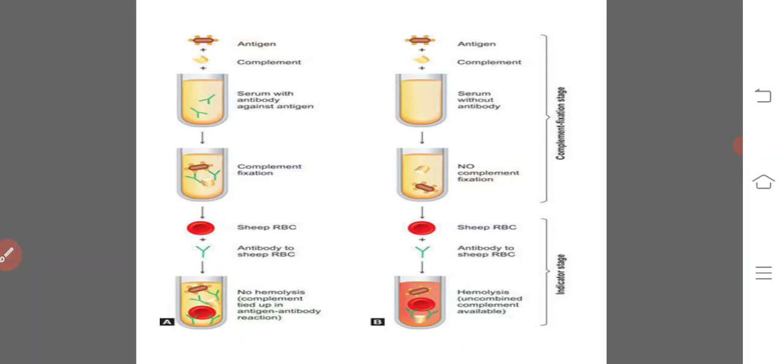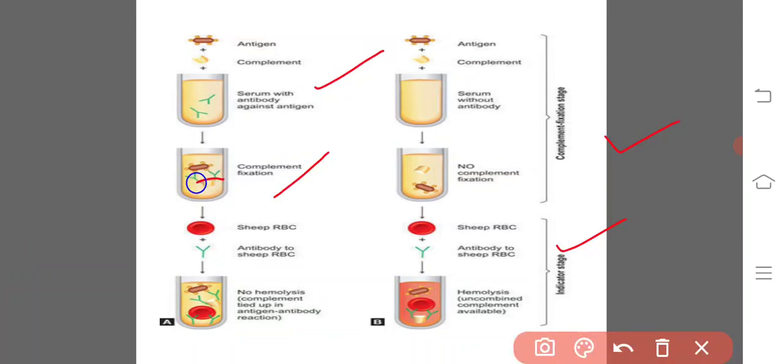If the serum contains specific complement activating antibody, here serum with the appropriate antibody, the complement will be activated or fixed by the antigen antibody complex. Here the complement is fixed to the antigen antibody complex.